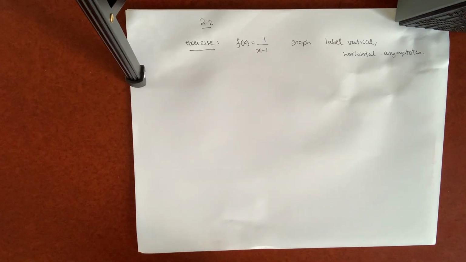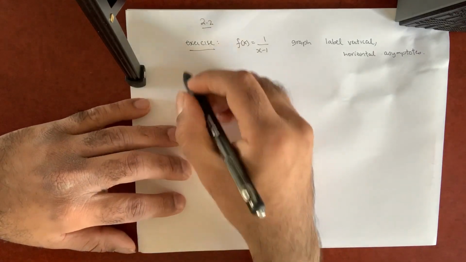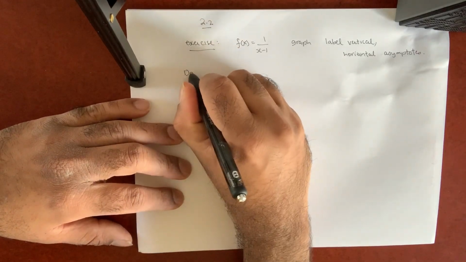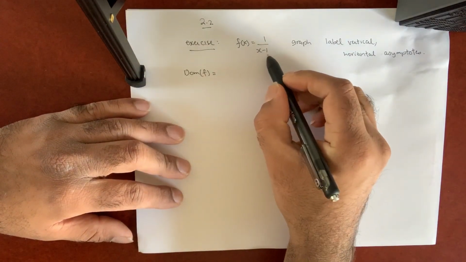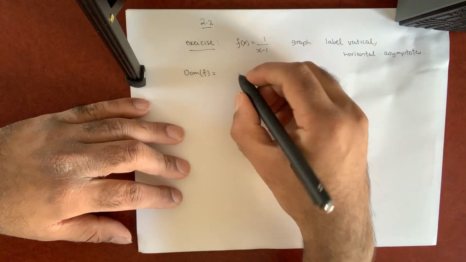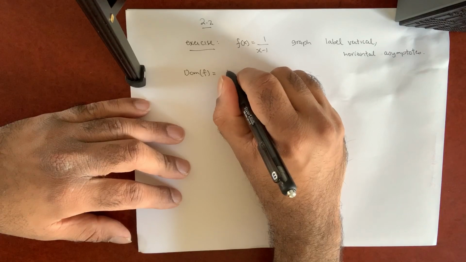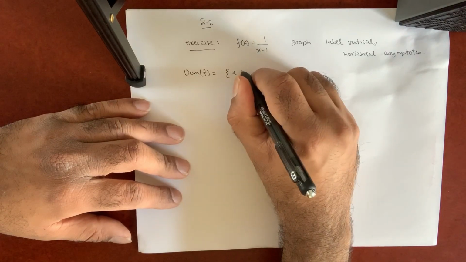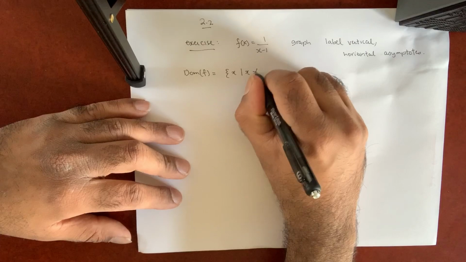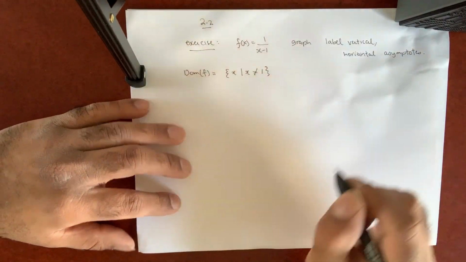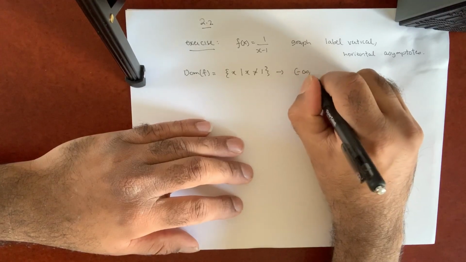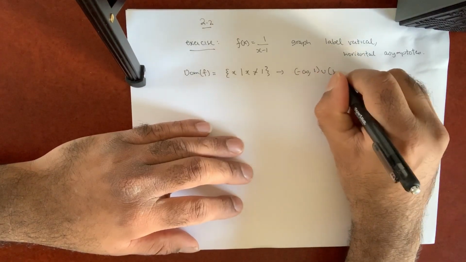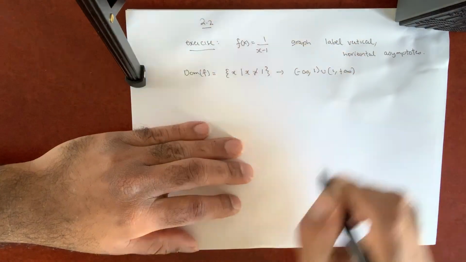Okay, before I do that actually, notice that the domain of f is everything except where the denominator is 0, so it's the set of x where x is not 1, right? In interval notation, that's negative infinity to 1 as well as 1 to positive infinity.